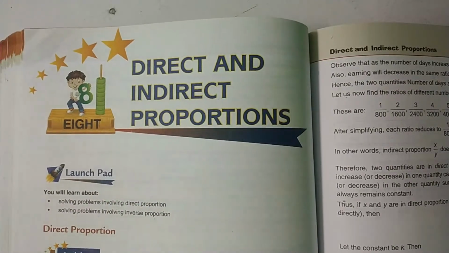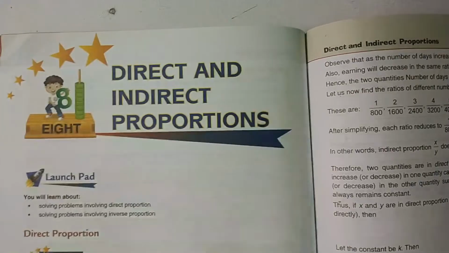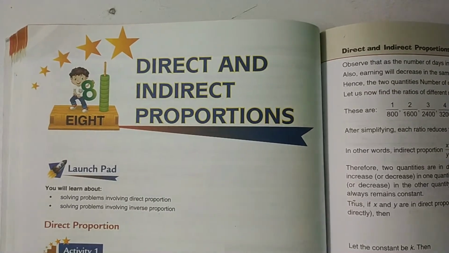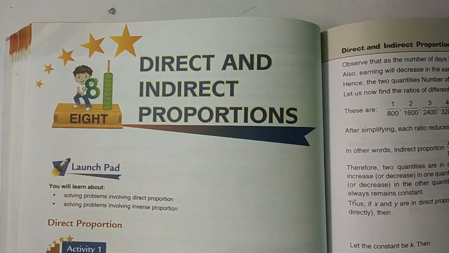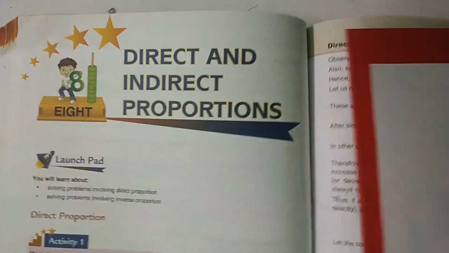This topic is very important because it is used in every part of maths as well as science in solving numericals. The words direct and inverse, inverse is also called indirect. Direct and indirect proportion. Proportion means a ratio.